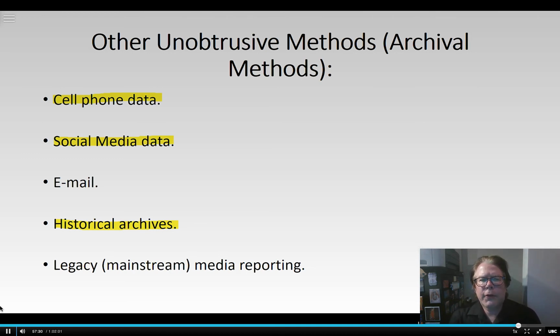First of all, a number of researchers have been using cell phone data to try and get a sense of the extent to which people, for instance in the United States, are following social distancing protocols.